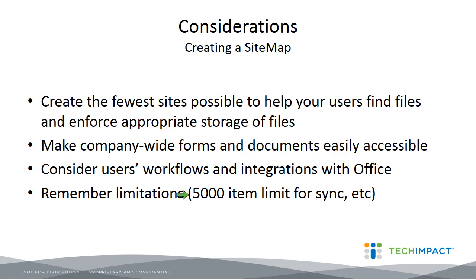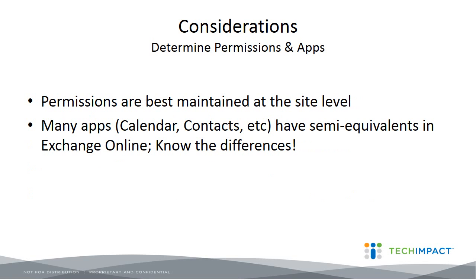Right? So if you want users who are going to be using Photoshop or Illustrator to be able to synchronize those files with SharePoint, you need to put all those files in a Document Center app that has fewer than 5,000 items. So again, this is where knowledge of these limitations becomes important for properly architecting things. That limit, by the way, I expect to go away sooner rather than later, but it hasn't yet.